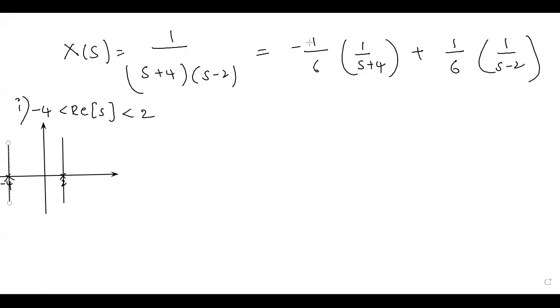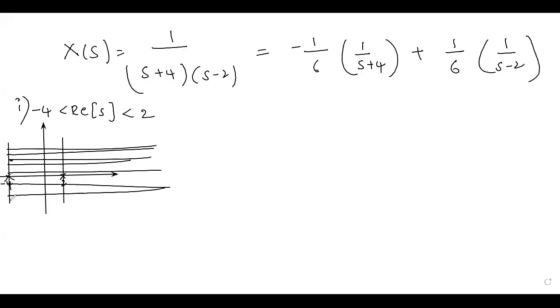And real part of s is greater than minus 4, this side. Next, what is the other one? Real part of s is less than 2, this side. Yes, there is a common ROC, that is this one. This is our common ROC. The common ROC exists.